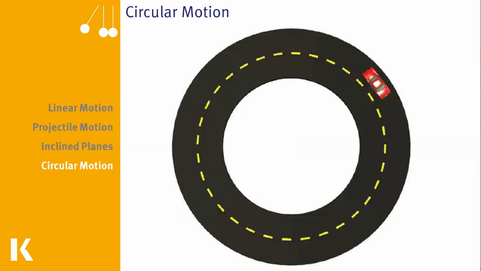Deviating a bit from the old kinematics equations, let's look at the unique case of circular motion, where the kinematics equations are largely unhelpful. At any isolated moment, the car's velocity is in a direction tangential to the circular path it is following. So we must consider what is keeping the object moving along its path.